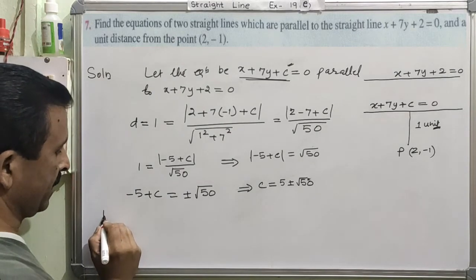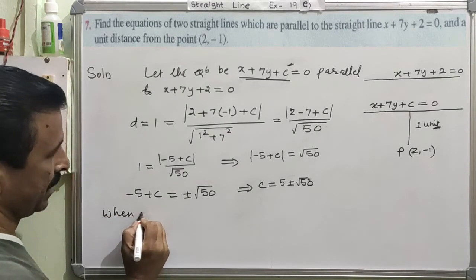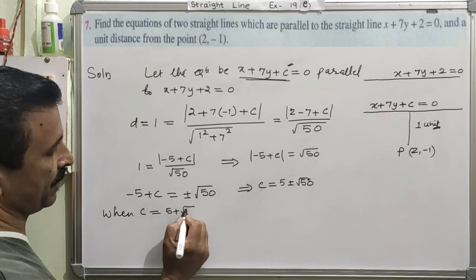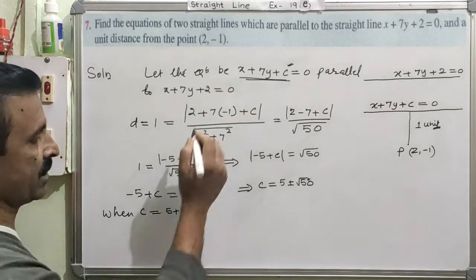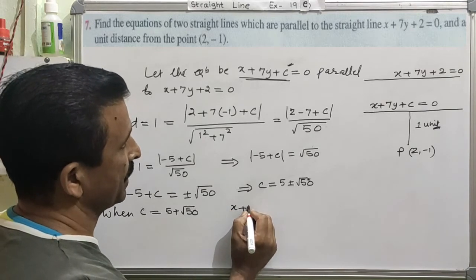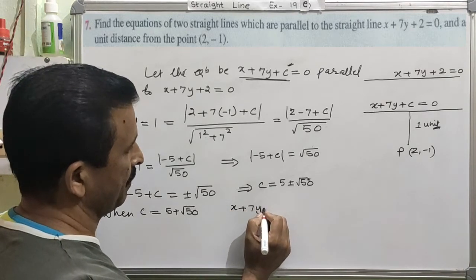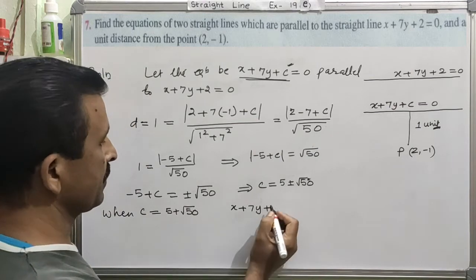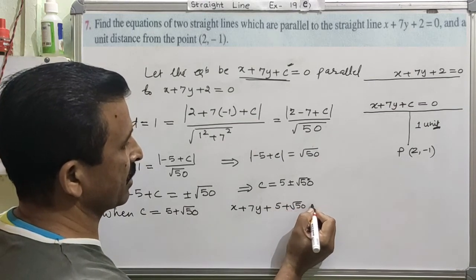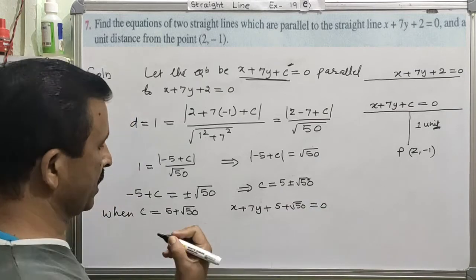So when C is equal to 5 plus root 50, your equation is x plus 7y plus 5 plus root 50 is equal to 0. This is your one equation.